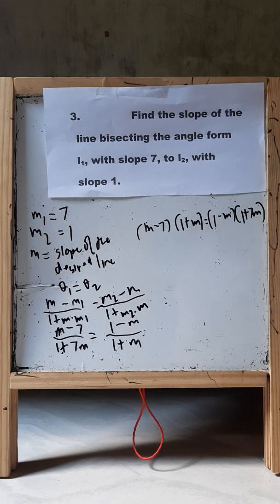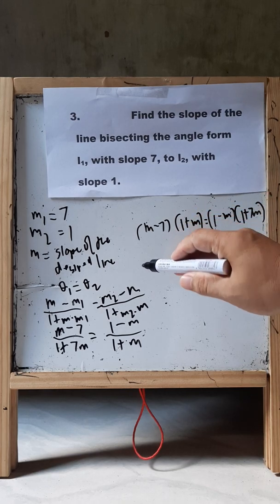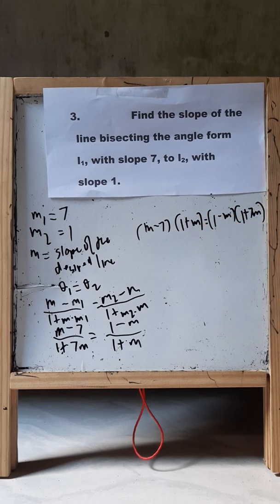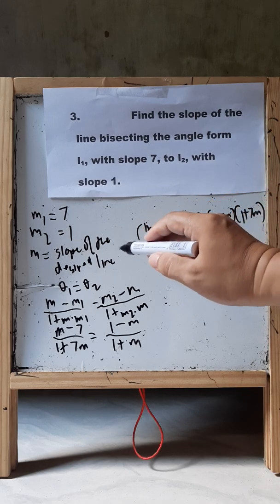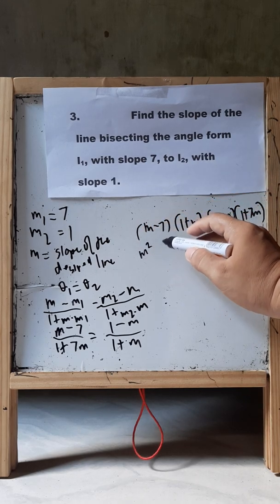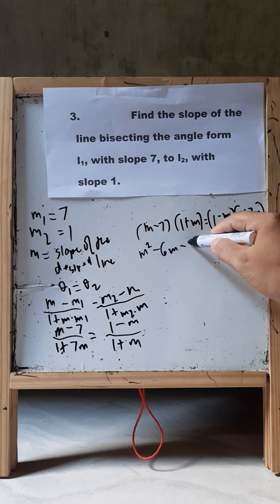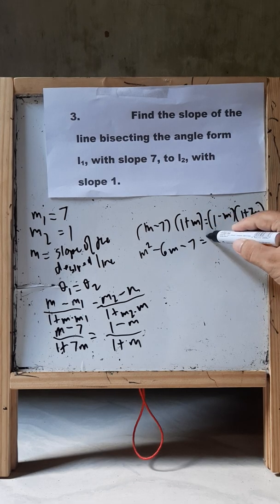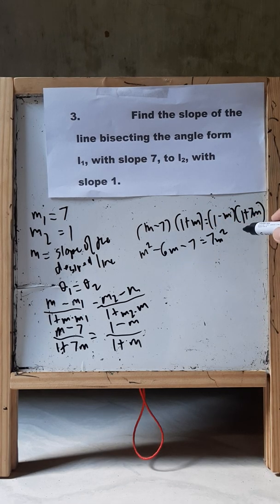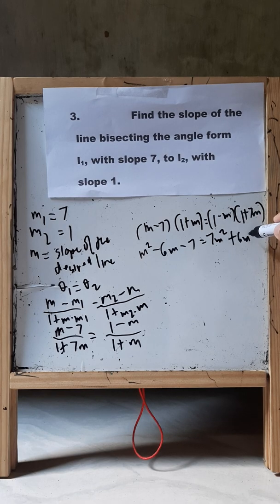So that's equivalent to M squared minus 6M minus 7 on the left. On the right, 7M squared plus 6M plus 1. Right?